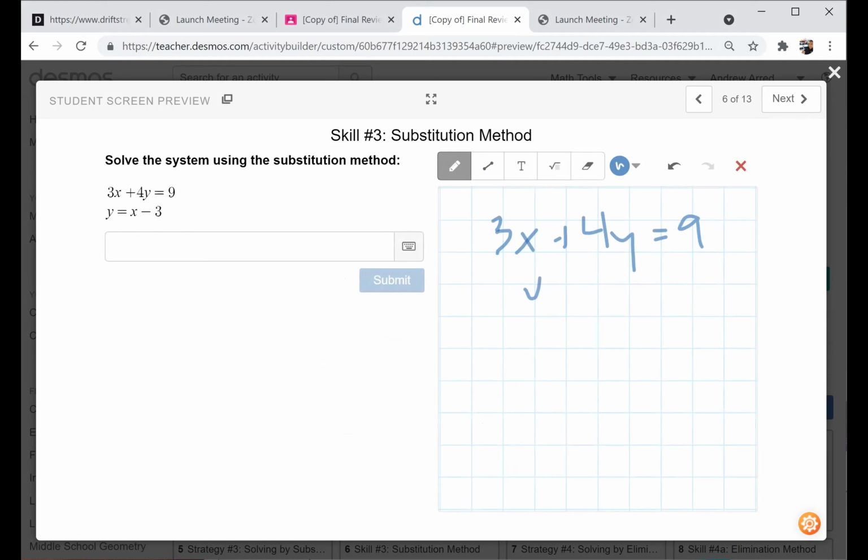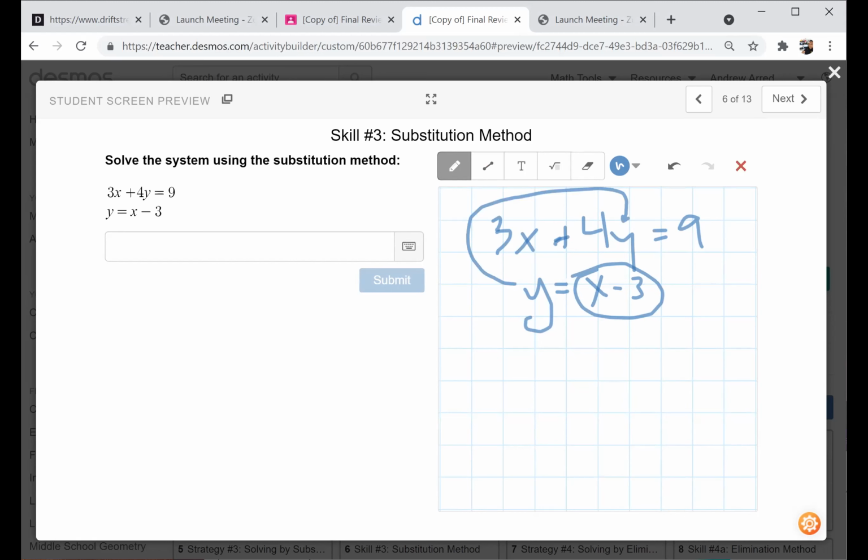And remember, one of them is going to say y equals x minus 3. Remember we were doing that when we were into that section? Then you look at it, and if it says y equals all that stuff, you put all that stuff in place of the y.